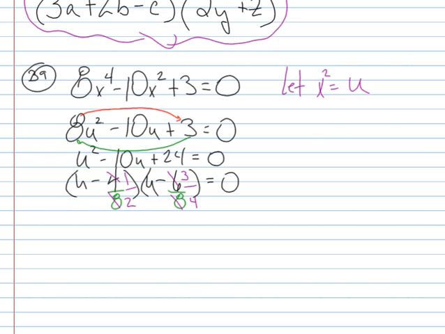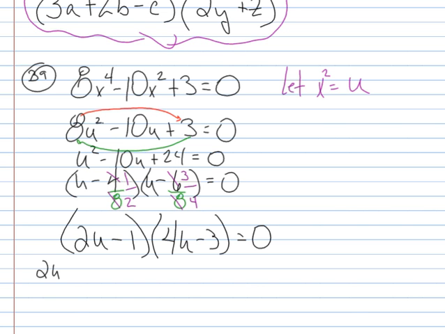Now in doing so, my denominator always goes in front of my variable. So my factored form is going to look like 2u minus 1 times 4u minus 3, and that's equal to 0. And now that I have that, I set each factor equal to 0.